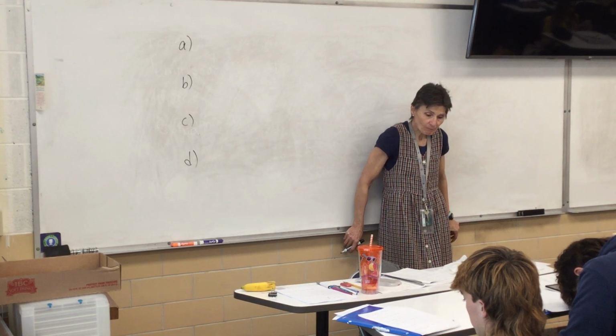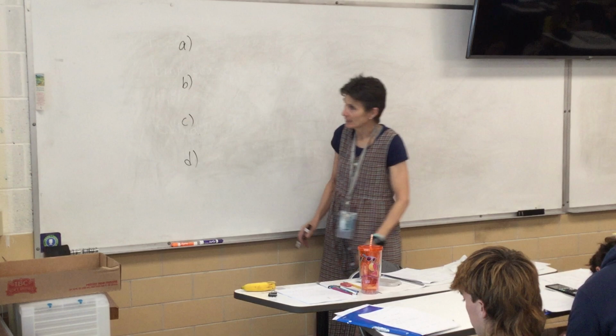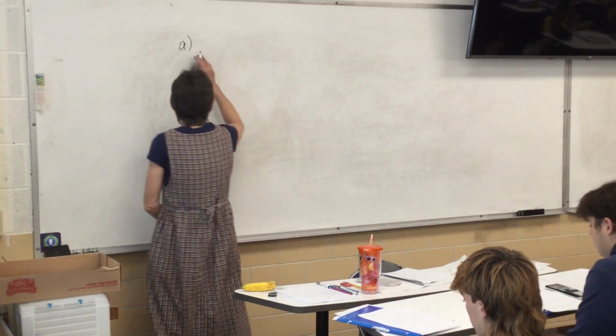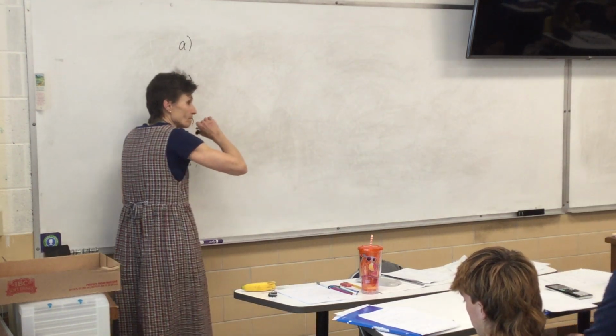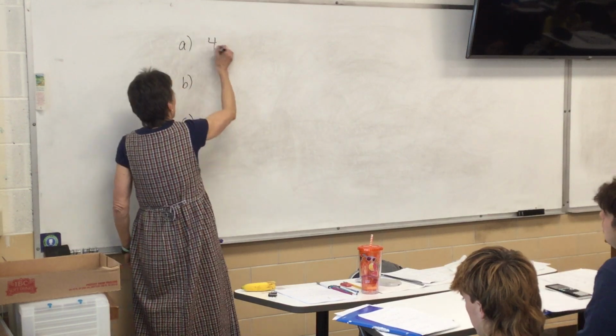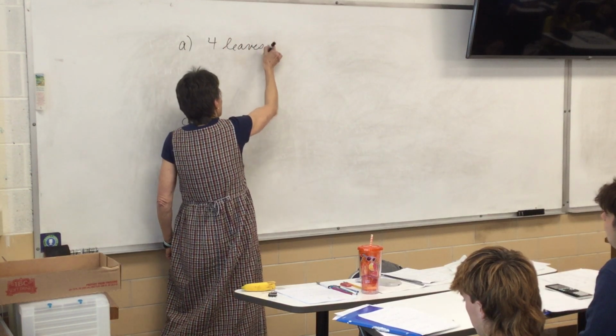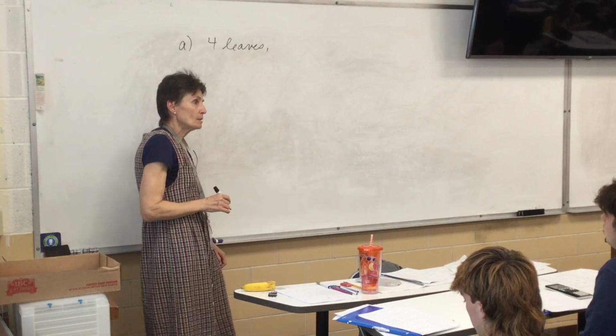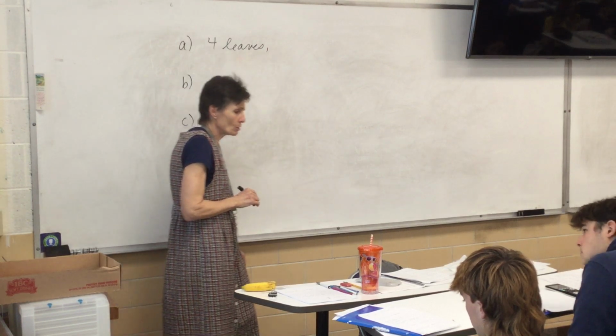Now, what was different about your A, B, C, and D? Let's talk about it. What did A look like? How many petals did it have? All right, so it had 4 leaves. Can you tell on your graph how long those leaves are?